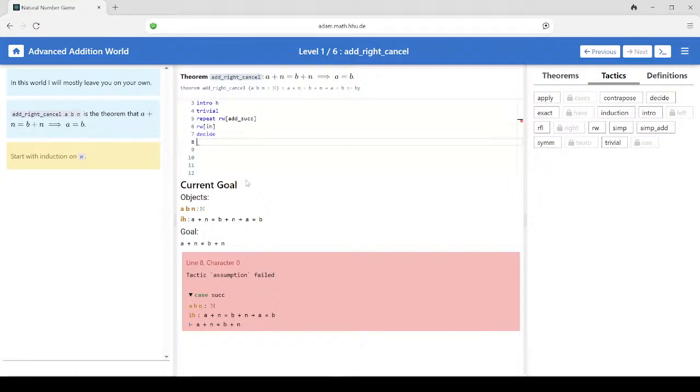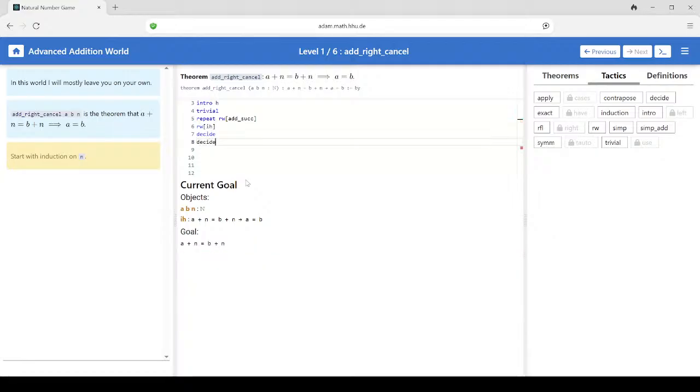That's not a thing I can do. I don't know what decide did. How'd you get me from here to there?